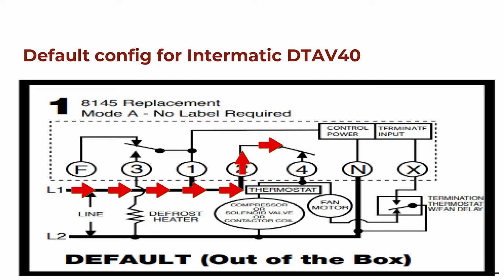We can imagine that the switch at the terminal that goes from 2 to 4 will change position. When that changes position, power will no longer be able to get to the compressor, right?